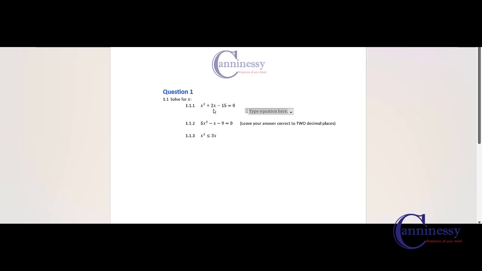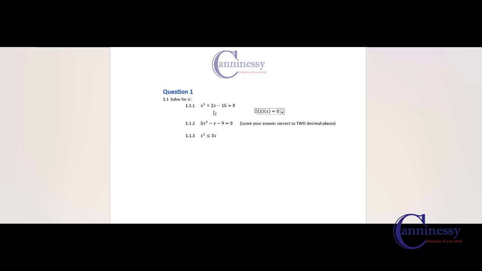Alright, so here we need to find the factors of x squared. Factors of x squared are going to be x and x, right? Then factors of 15, we have 1, 3, 5, and 15. But the factors of 15 that give you 2 when you subtract one from the other are 3 and 5.